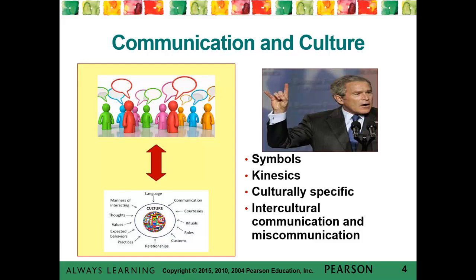For example, Norwegians saw this gesture as the President of the United States making the devil sign. And for many people in Central and South America, they were shocked. To them, the president was indicating that someone's wife was unfaithful. So you can see that there is this opportunity for intercultural miscommunication to happen.